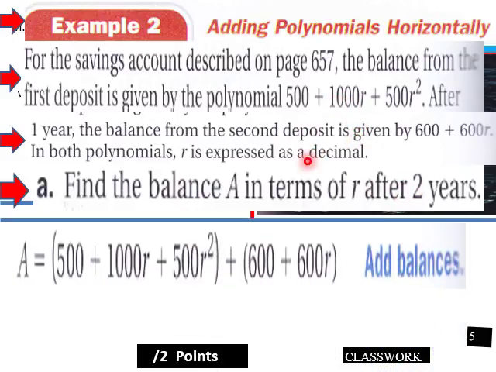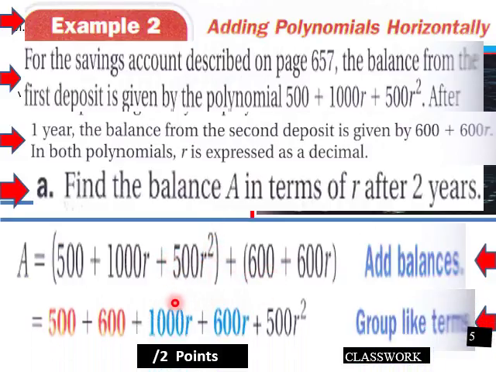So after 2 years, we plug in our 2 here. So we have 500 plus 600 plus 1000r plus 600r plus 500r squared. Group like terms. So we're going to put our like terms together here.